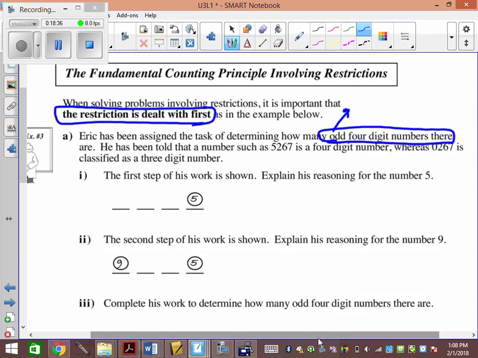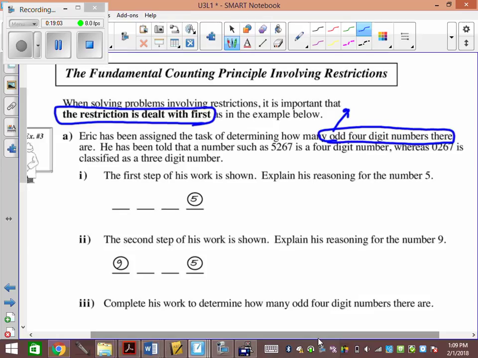What else? 23, odd or even? 24, odd or even? 25, odd or even? 26, 27. What am I changing? The last digit. All that makes something odd or even is that your last digit has to be odd or even. And indirectly, that makes it divisible by 2 or not.